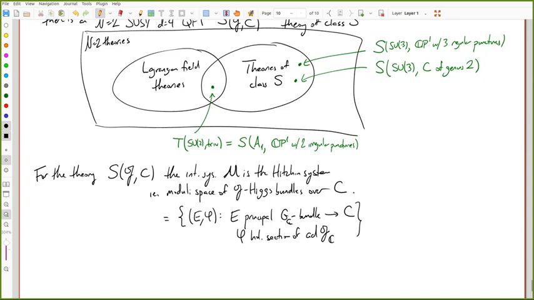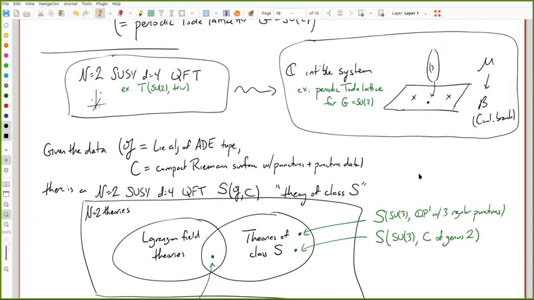Okay, now this integrable system, I drew for you this picture, and I told you some aspects of what it does in the physics.